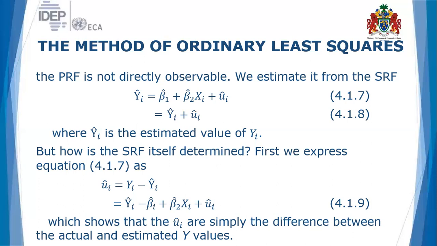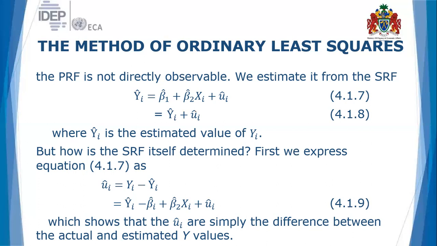But how is the sample regression function itself determined? First we have to express equation 4.1.7 as mu hat i is equal to yi minus y hat i. So that's the difference between the population value and the sample value.